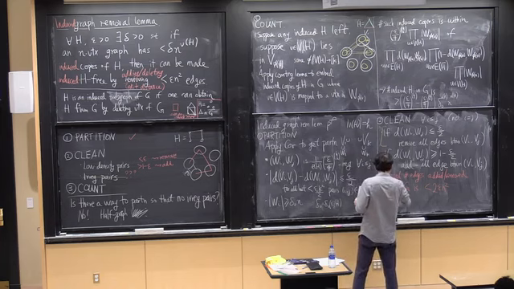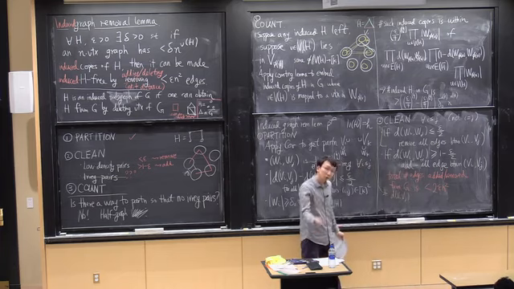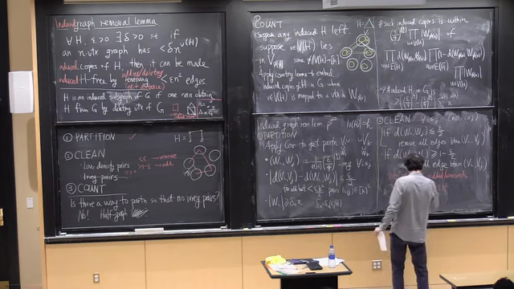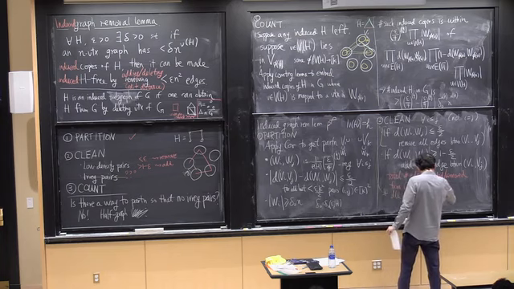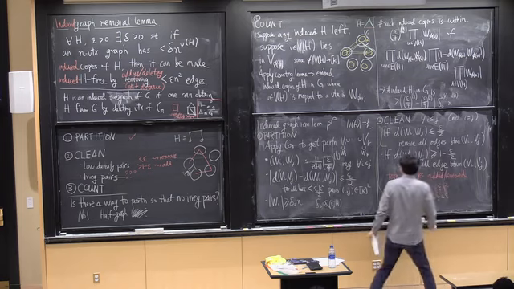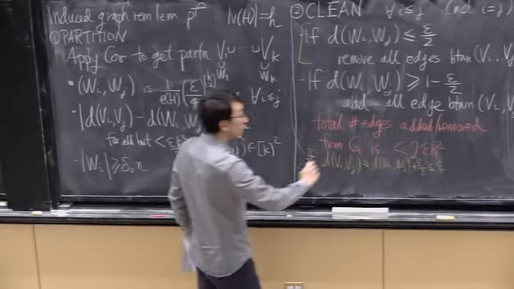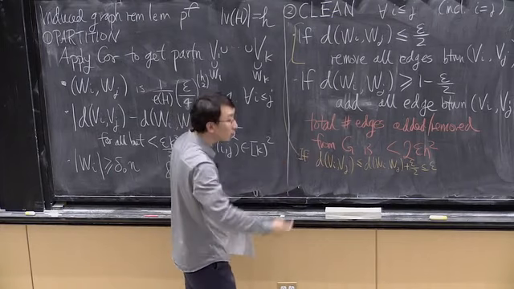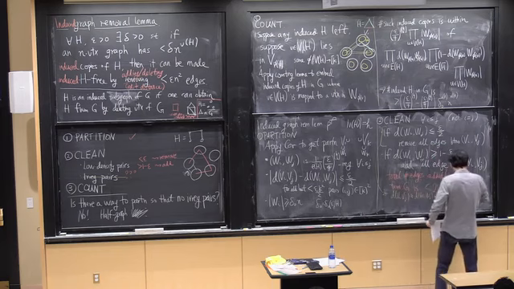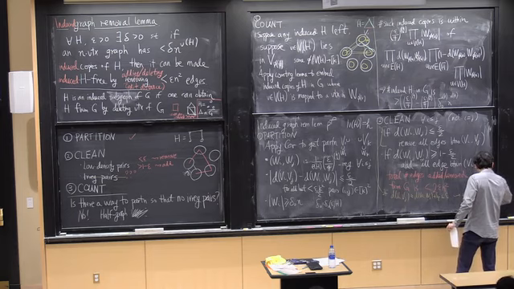If the density of V is controlled by that of W, then the number of edges added or removed from all such pairs is at most epsilon n squared edges changed.